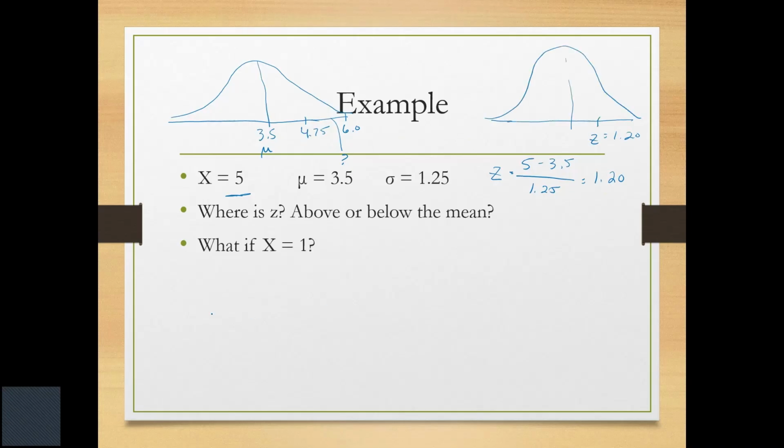Okay. What if x is 1? Well, now x is less than the mean, right? So our z would be 1 minus 3.5. We're going to get a negative number divided by 1.25. So that's negative 2.5 over 1.25 equals negative 2.